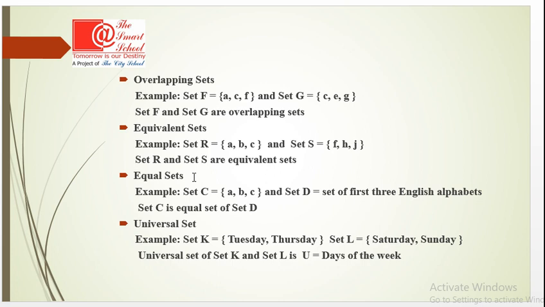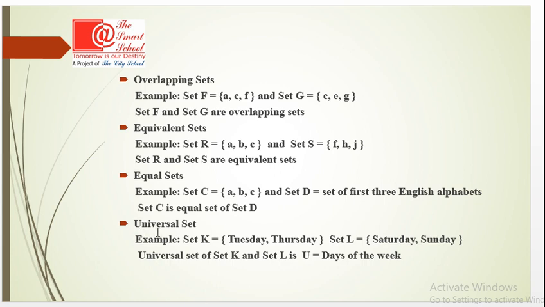Equal sets have exactly the same number of elements and the same elements. For example, set C has elements A, B and C, and set D is the set of first 3 English alphabets, which are obviously A, B and C. It means both the sets are the same. So these sets are equal sets, and we can say set C is equal to set D.